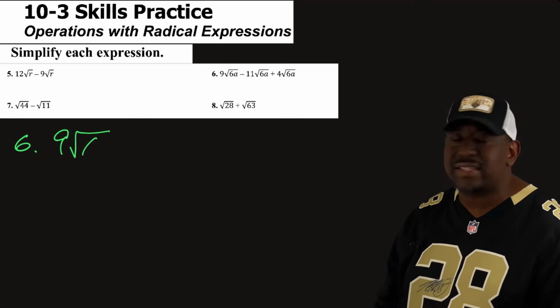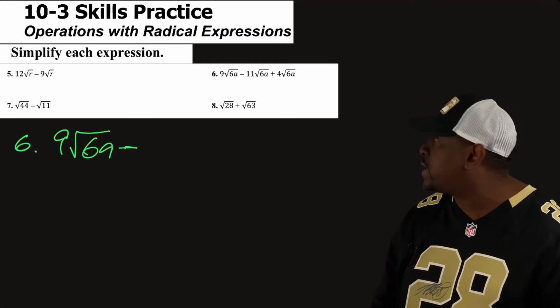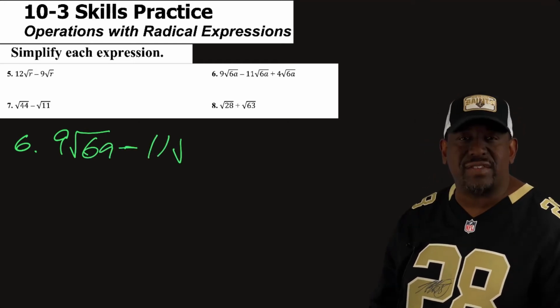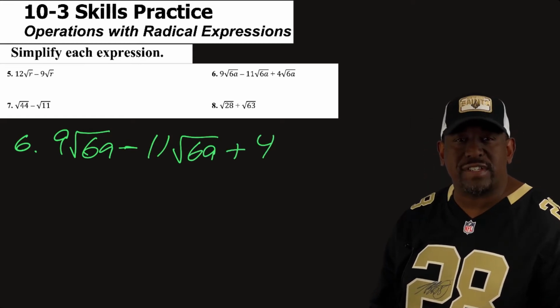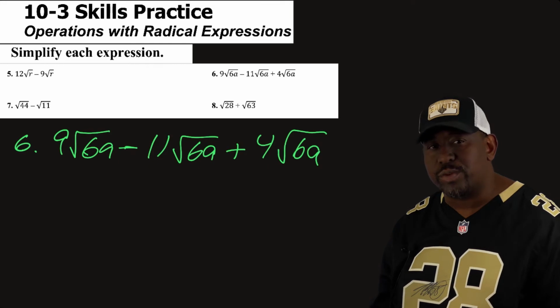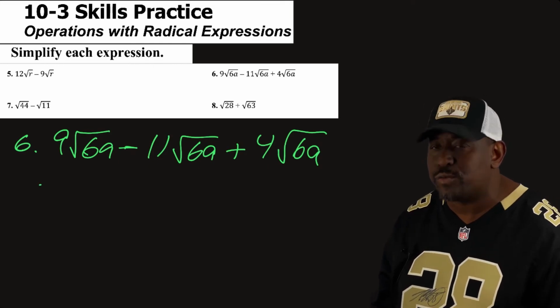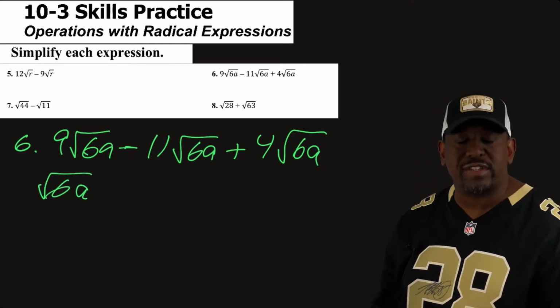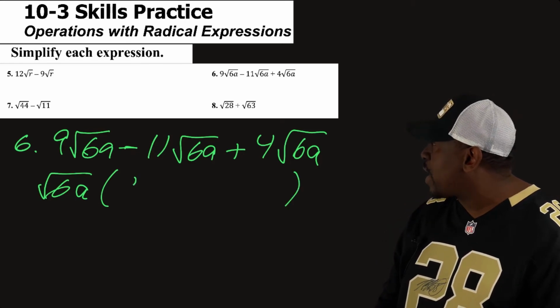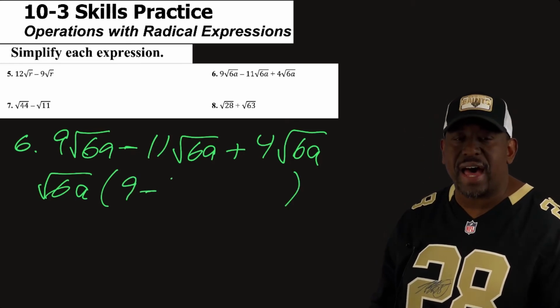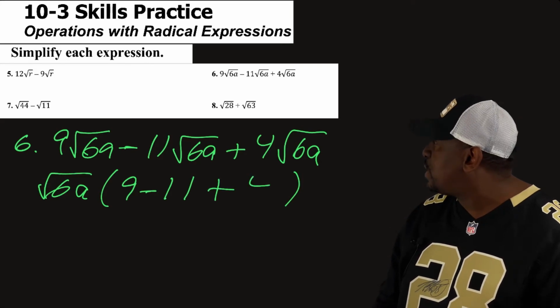We have 9 times the square root of 6a minus 11 times the square root of 6a plus 4 times the square root of 6a. Now, even though we're dealing with variables, we still have a common factor. And what is that? The square root of 6a. So we will factor that out of each of the 3 terms. We write the coefficients that are left: 9 minus 11 plus 4.